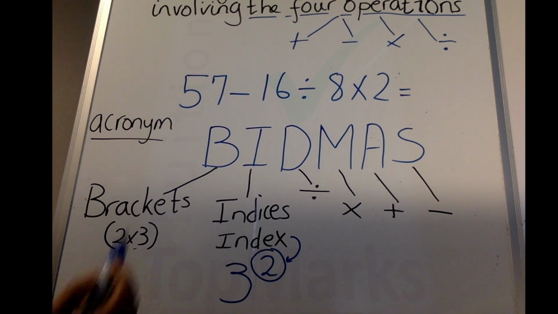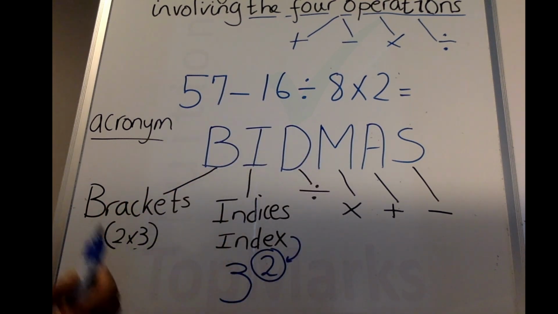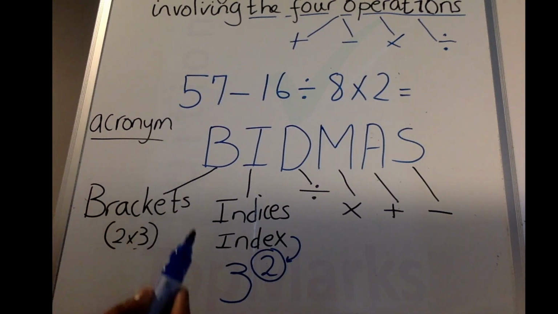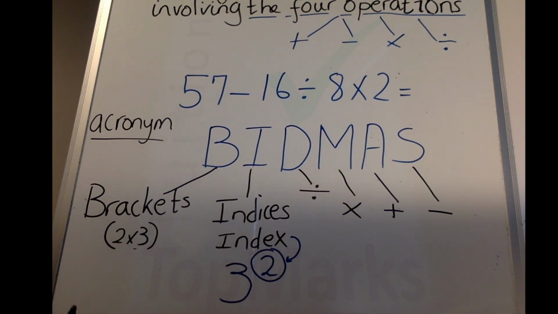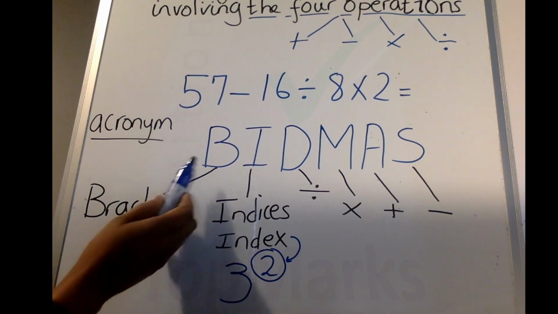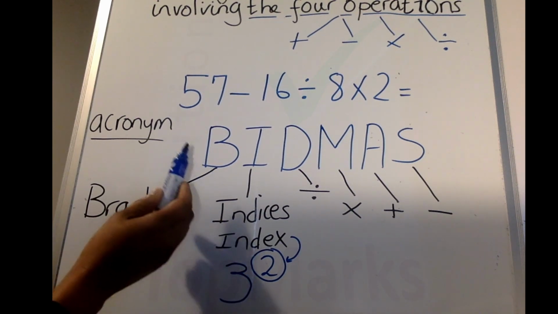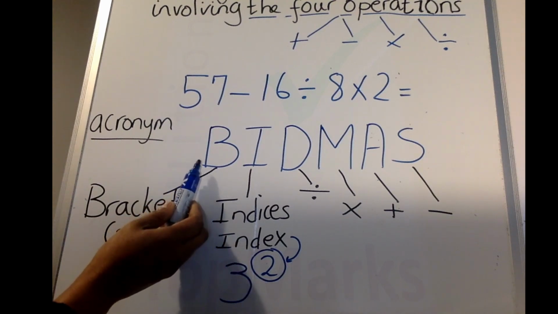Okay, so BIDMAS tells us the order of operations. If you look at BIDMAS, it tells us that if we have a calculation that contains brackets, we do the calculation within the brackets first.